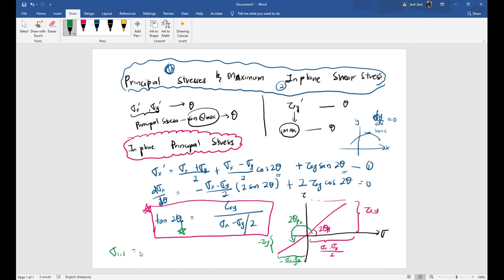So the equation is sigma x plus sigma y divided by 2, plus minus this hypotenuse, which is equal to the square root of sigma x minus sigma y divided by 2, squared, plus tau xy squared. This is what we call the hypotenuse.